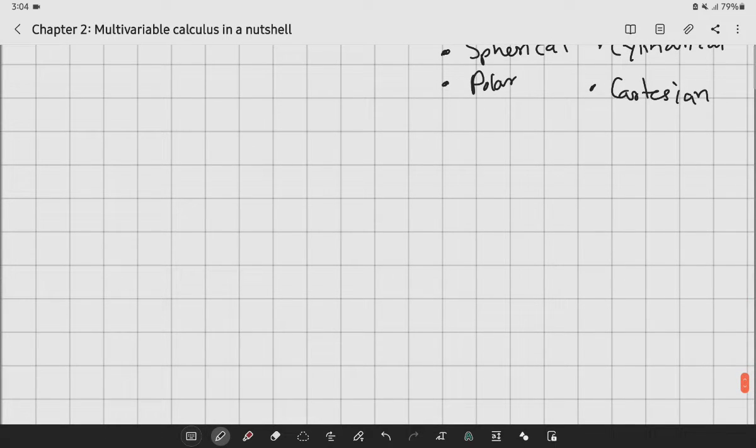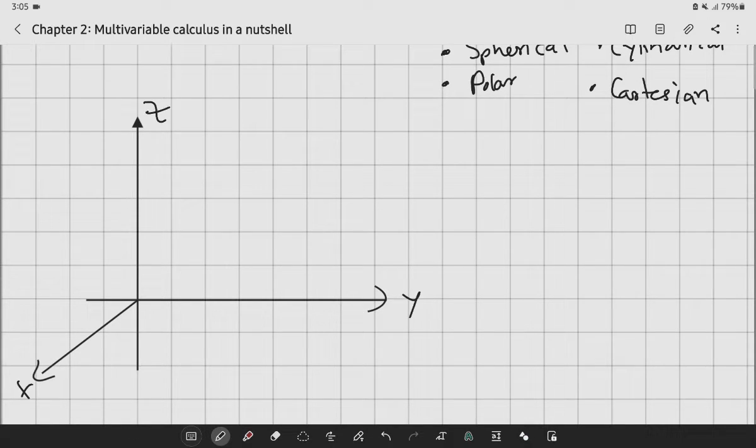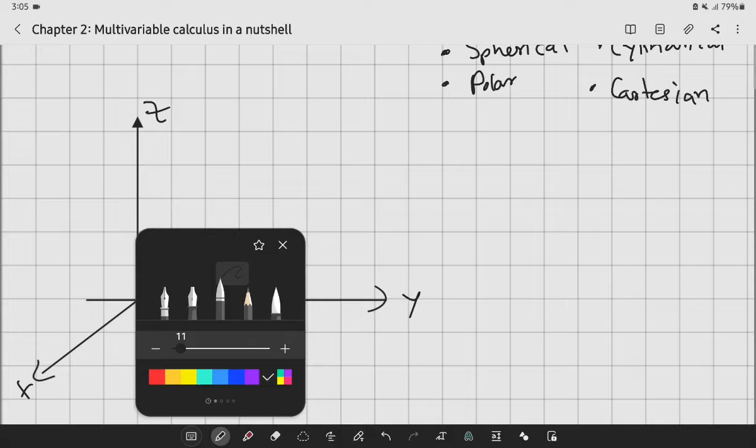Okay, so I want to introduce you to scale factors now. The idea of scale factors, I can illustrate to you by imagining a coordinate system. Say this is the Cartesian coordinate, and this is x, this is y, this is z, and I have some path in the Cartesian coordinate.